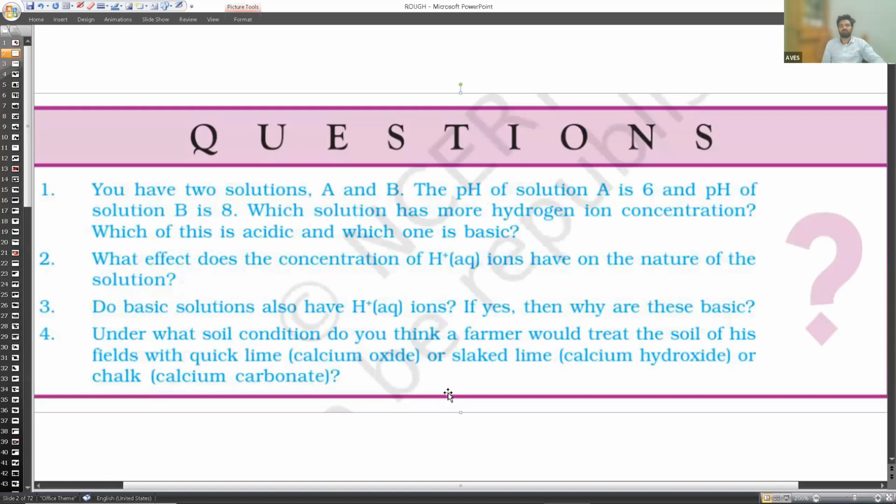First question: there are two solutions, A and B. The pH of the first solution is 6 and the other is 8. Which one has more hydrogen ion concentration?